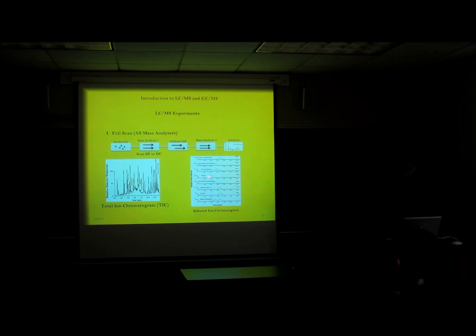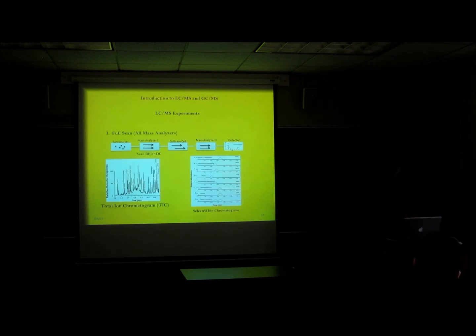And only when M/Z 179 hits the detector, you'll get this selected ion chromatogram where, boom, glucose hits right there at 2 minutes, and you've detected glucose in a very complex mixture. So even though this looks very complicated, you can go in and sort of pull the needles away from the haystack if you know what it is you're looking for.